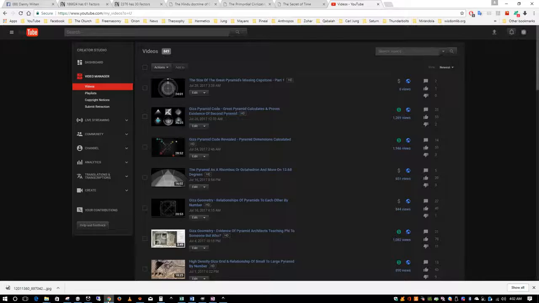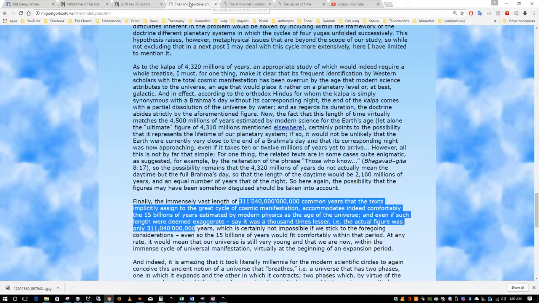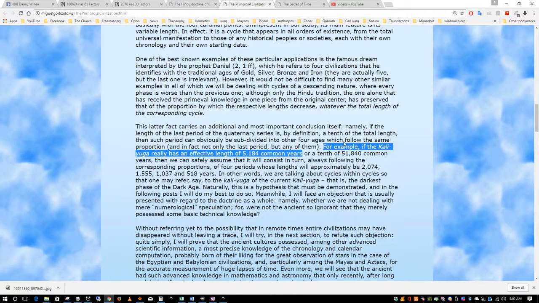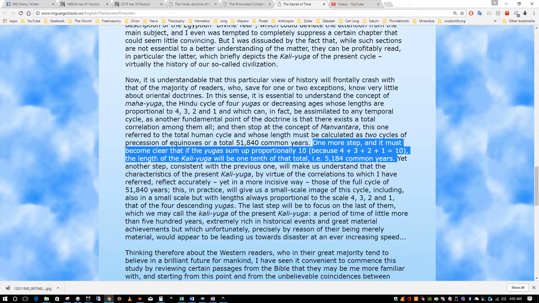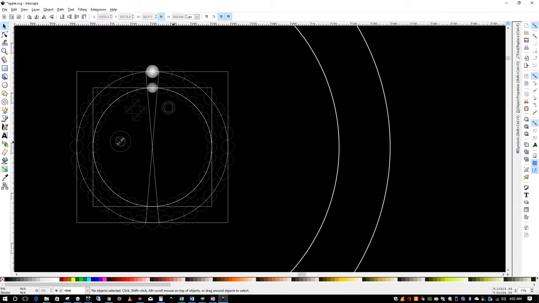Now, if we come over to this particular website, and this guy's got some good stuff, the 31104, which I was showing you, but right here, he mentions that, for example, if the Kali Yuga really has an effective length of 5184 common years, okay, so he's mentioning that, and then here he says the length of the Kali Yuga will be 1/10 of that total, 5184 common years. Okay, so we come back over here.